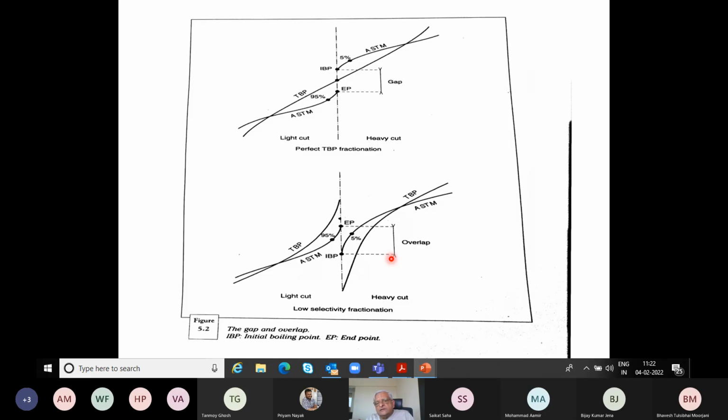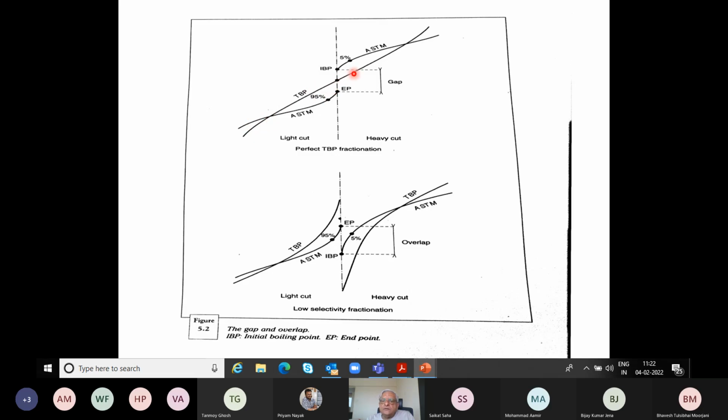From there, I explained the definition of gap and overlap. Please always remember these definitions. The gap can be explained by the top diagram, where this is the TBP curve of the crude, this is the lighter fraction, and this is the heavier fraction. If you remember, above the mean average boiling point, the TBP graph is always above the ASTM.